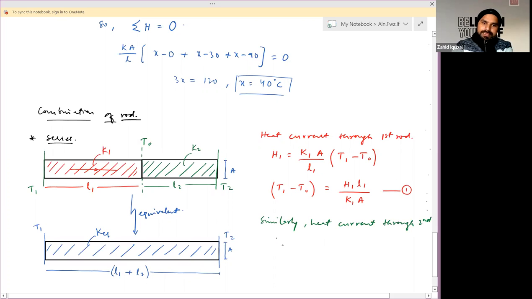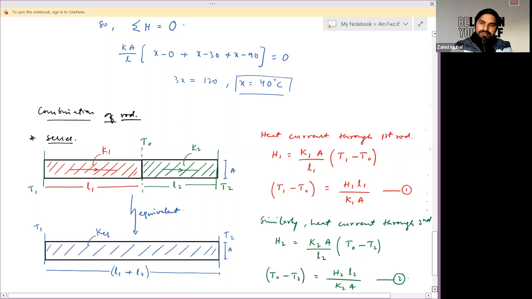So it will be H equals to K A divided by length times temperature difference T0 minus T2. That is from higher temperature towards lower temperature. So we may write T0 minus T2 equals to H L divided by K into A. Let's say this is equation 2.